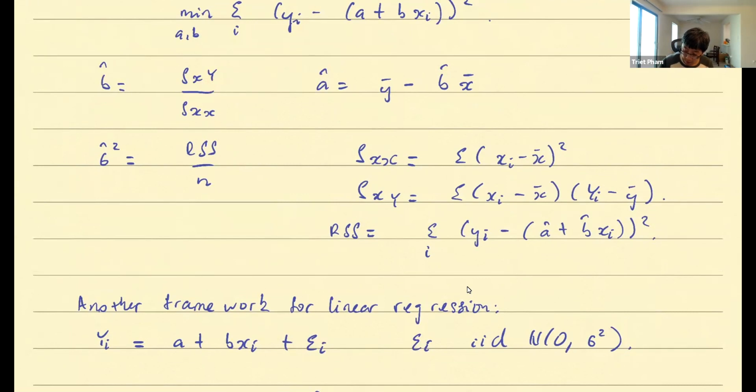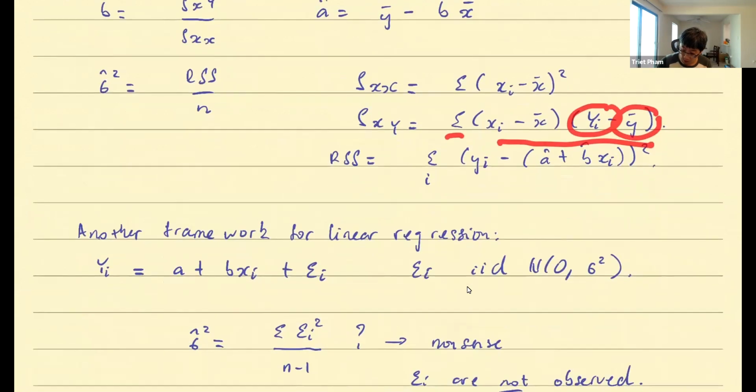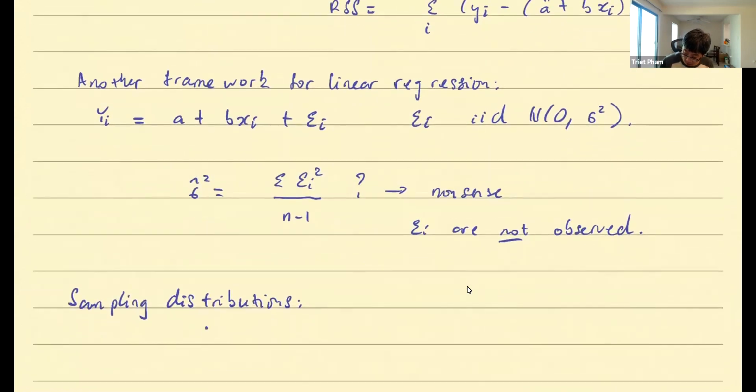Here, for example, in terms of B hat, SXY is like this. This is normal, this is normal, so it's some kind of sum of normal distributions. The y's have the joint normal distribution. That means B hat has a normal distribution because it's a linear combination of normals.